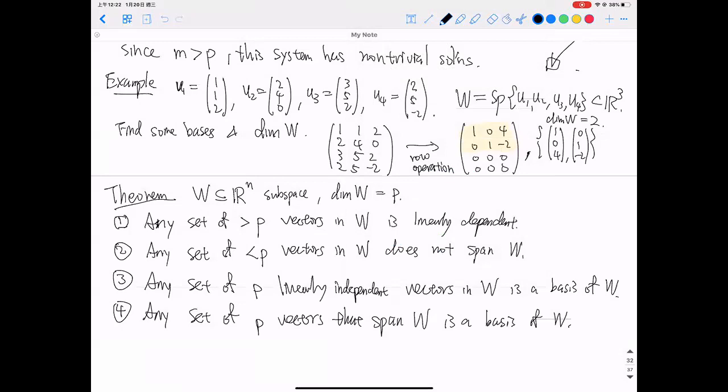But if you have the right number of elements in your set, that is the dimension, then being linearly independent or being a span will be enough. Okay.